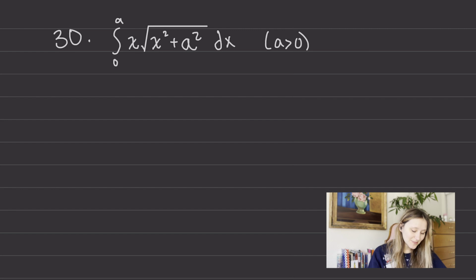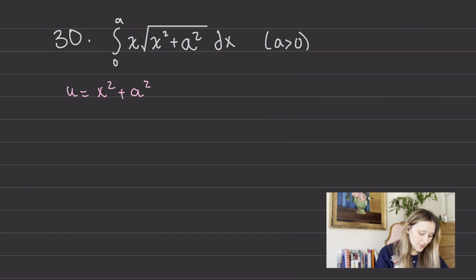We have the integral from 0 to a of x times root x squared plus a squared dx. U is going to be usually what's inside something that's complicated. Du is going to be 2x dx.